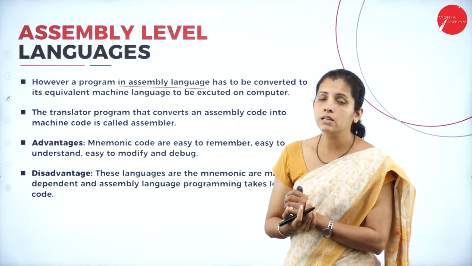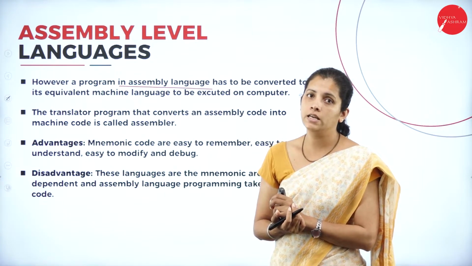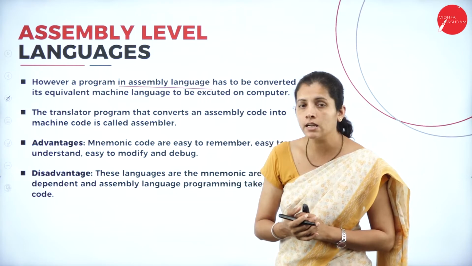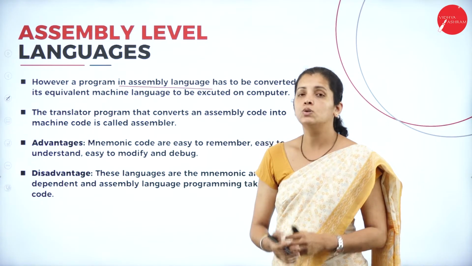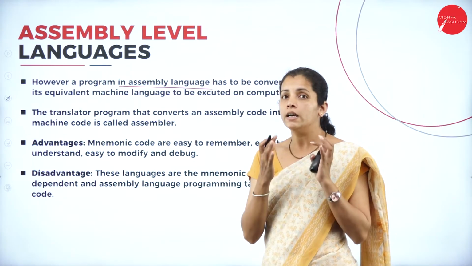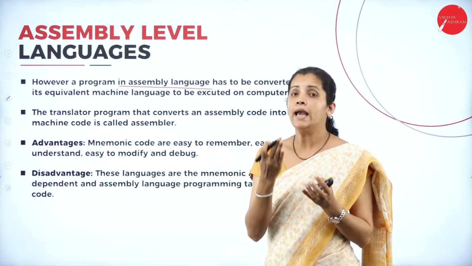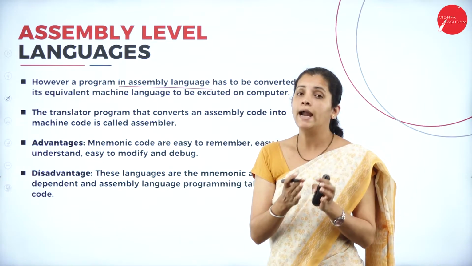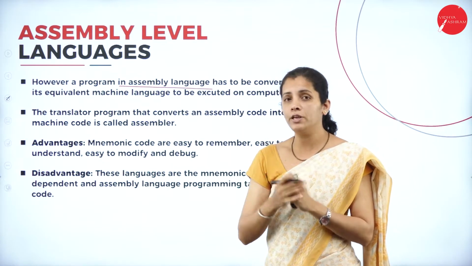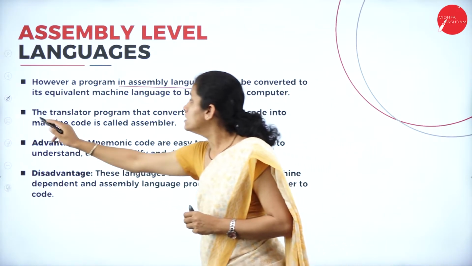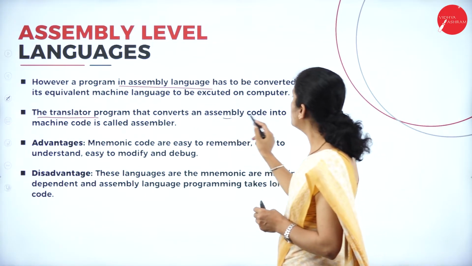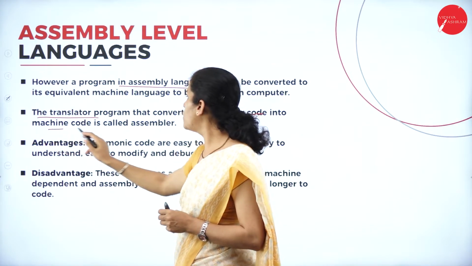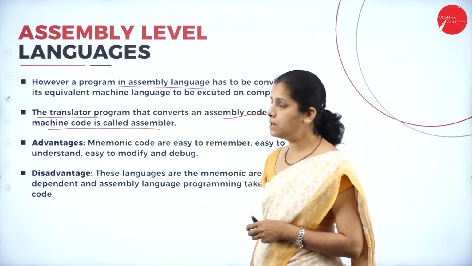For that reason, I require a translator. And what translator am I going to use here? That is the assembler. The job of the assembler is to take assembly level language and convert it into machine code. So the translator program that converts assembly code into machine code is called an assembler.